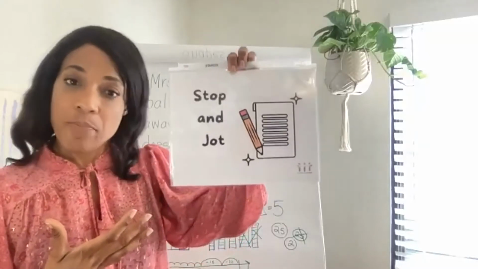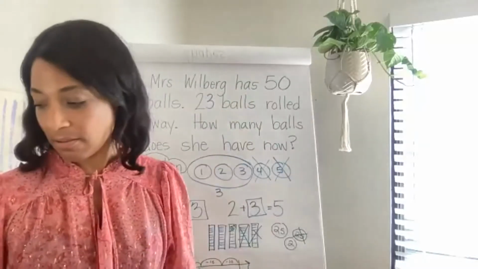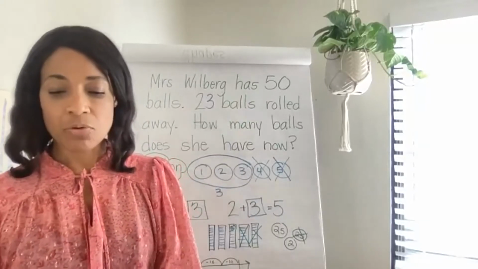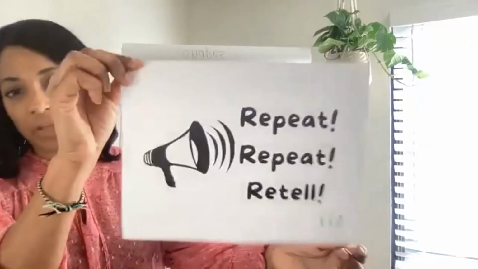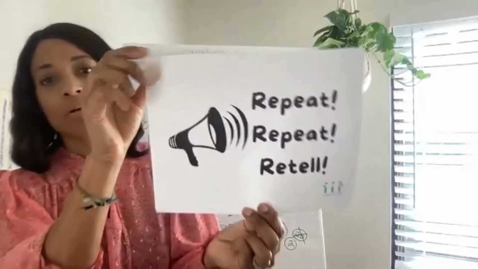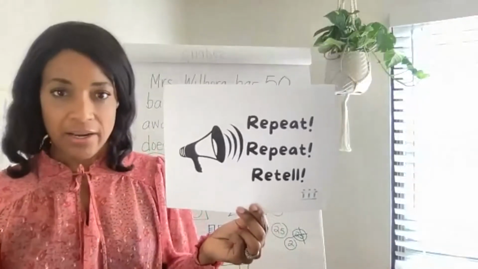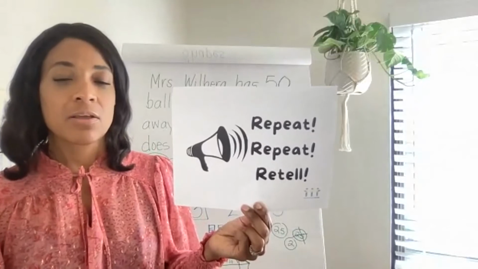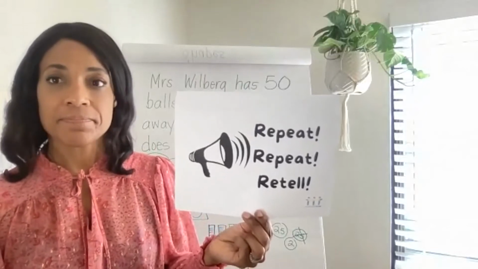So I had to go back into my toolkit and pull out a different strategy, which was this one: repeat, repeat, retell. So if you think about it, when you repeat something, you have to have actually listened to it.